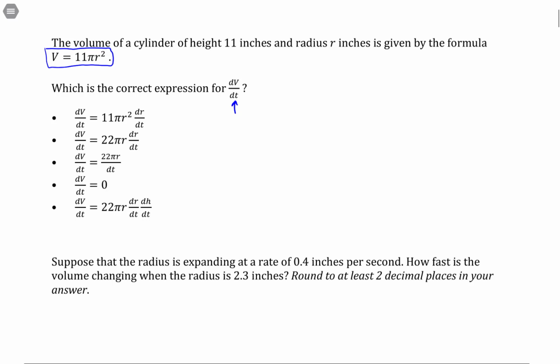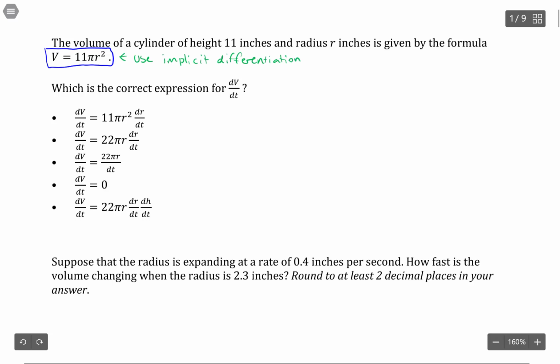Okay, so we are going to differentiate this expression implicitly. So we use implicit differentiation to differentiate this with respect to the variable t. So what will that look like?